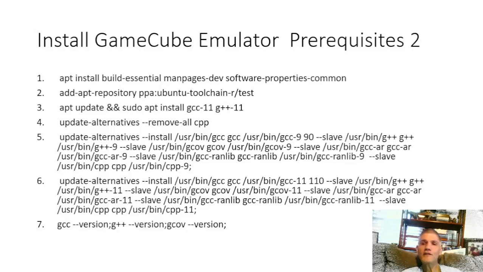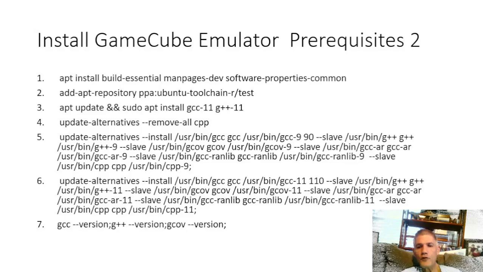Otherwise, if you don't have at least GCC 11, you're going to have issues installing that emulator. And since GameCube has really cool graphics in Metroid and quite a few Zelda games, it's very well worth your time to install the GameCube and Wii emulator.